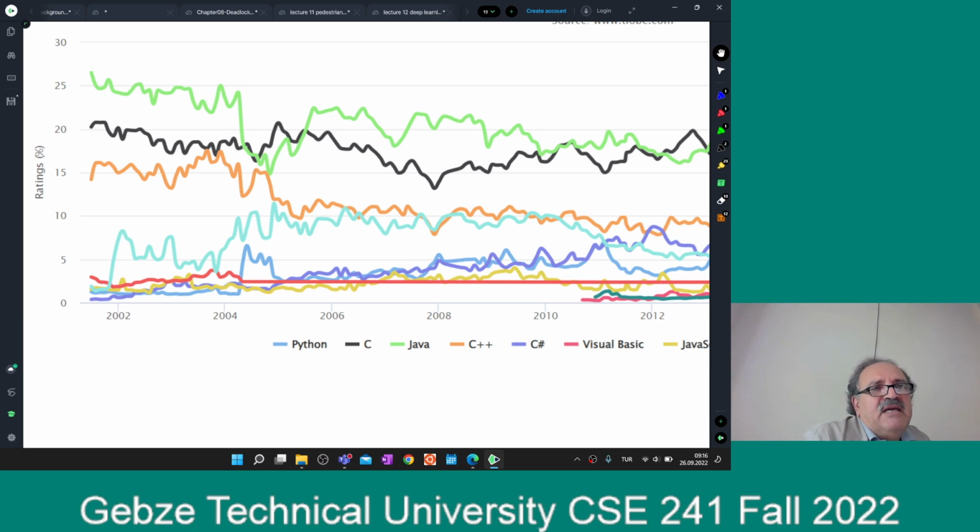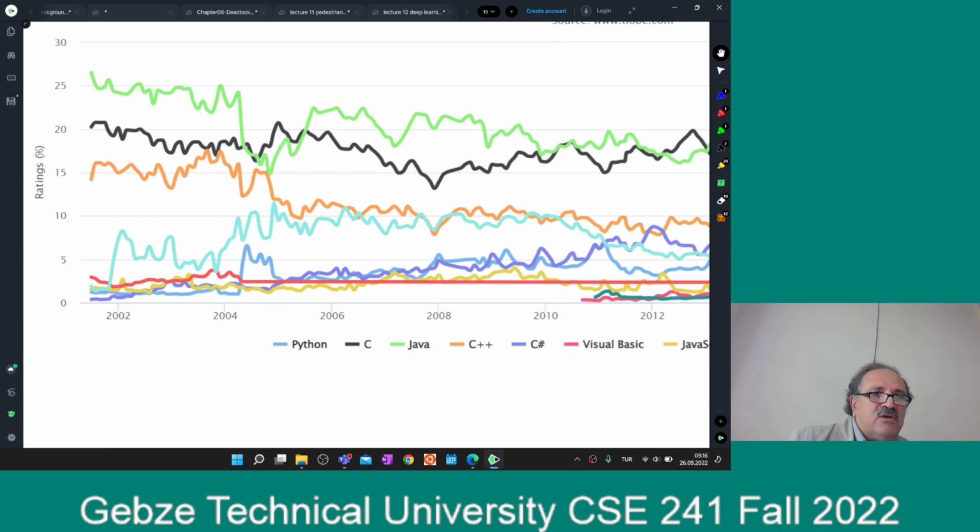How did they calculate these numbers? Well, I don't know exactly, but usually I think they are taking a survey. They ask professional programmers, professional software engineers, what kind of programming language they use, and I think they scan the job postings on the internet for what kind of programming languages are used most.